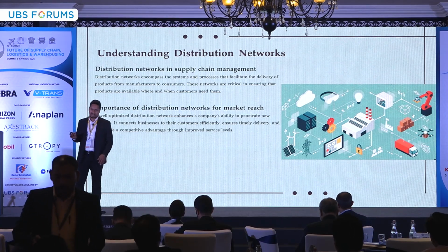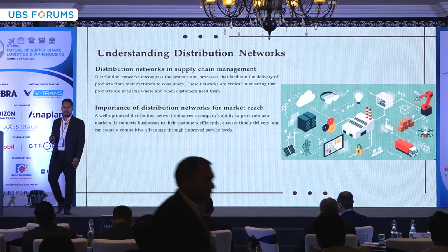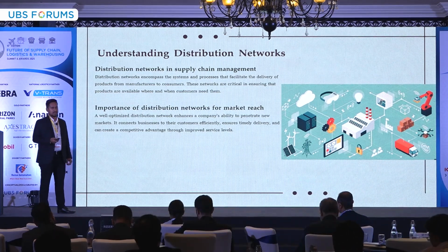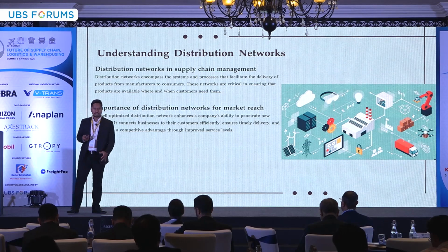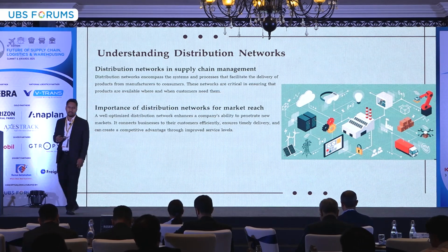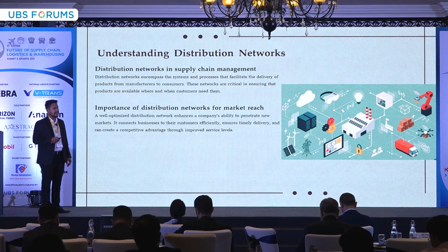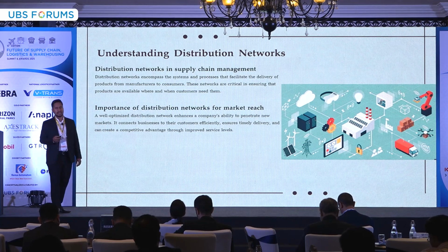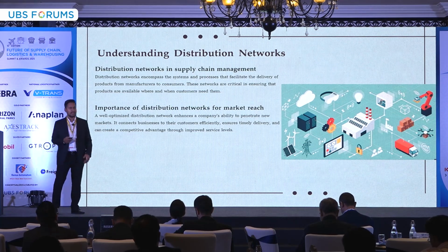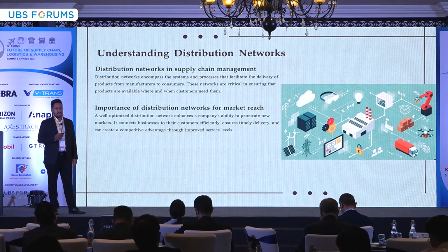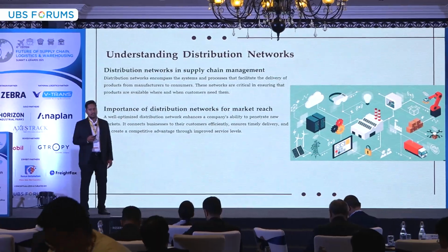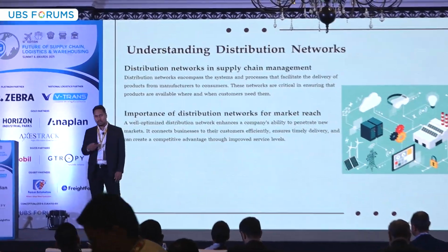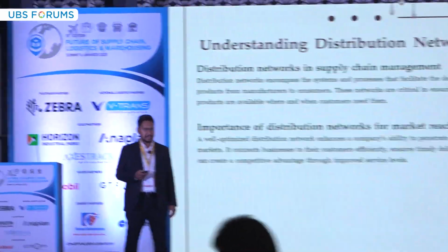One is centralized distribution network, where you have fewer warehouses, which might have low cost. However, your speed of delivery would be high. Secondly, decentralized distribution network would have multiple regional warehouses in your complete distribution network, which will enable you for faster deliveries, but then your inventory cost would be high.